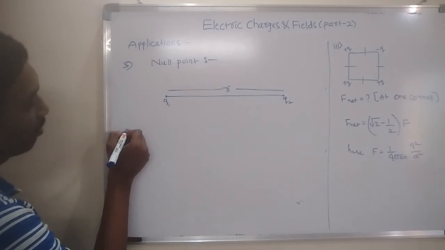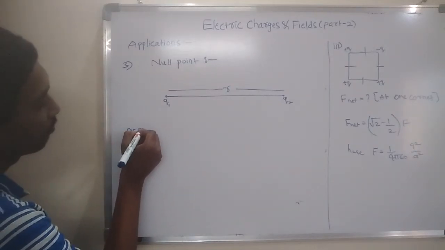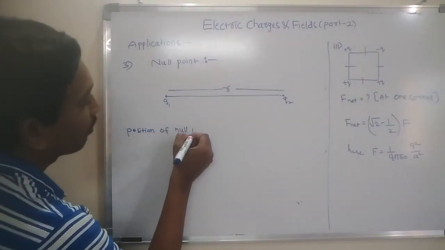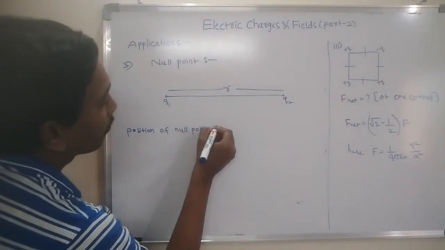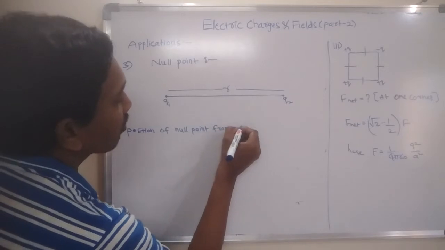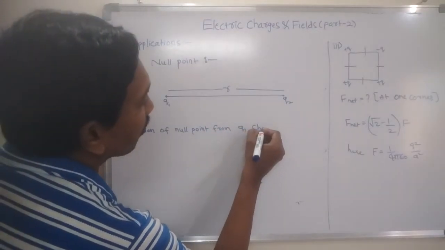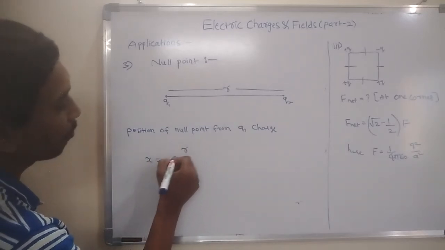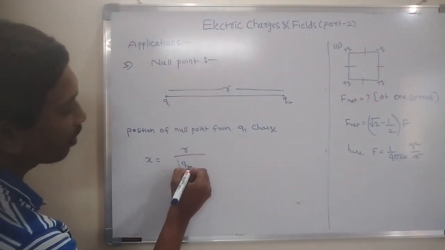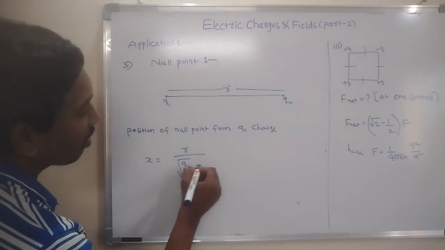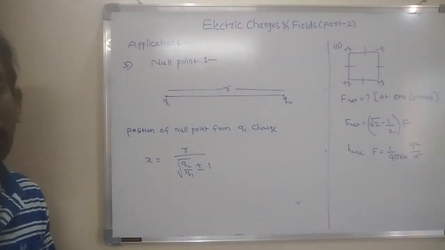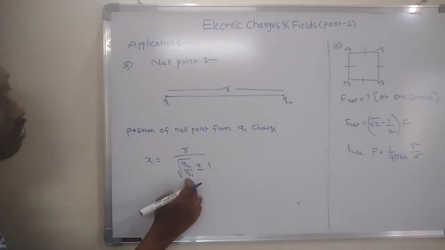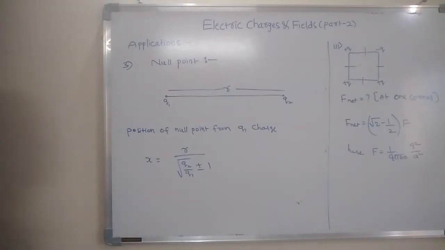So the position of the null point from the Q1 charge is indicated by X. X is equal to R by (under root of Q2 by Q1 plus or minus 1) is the formula. Q1, Q2 are the magnitudes of the two charges, R is the distance.